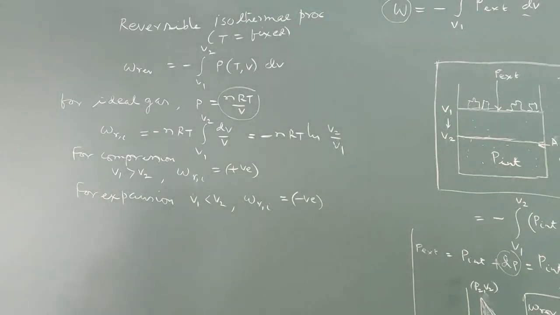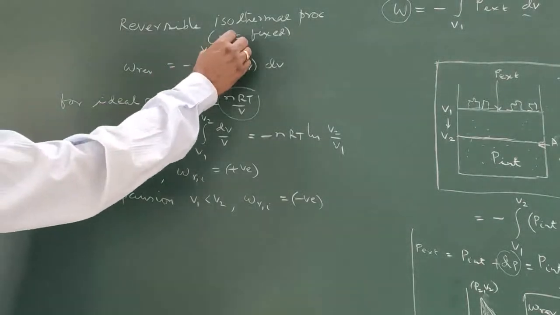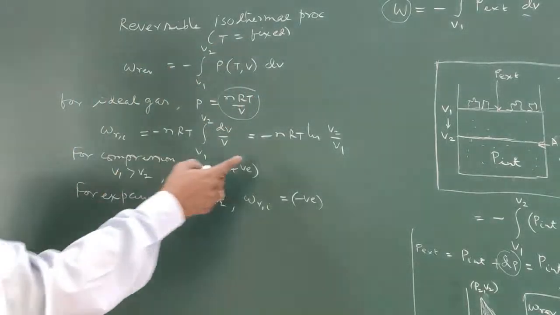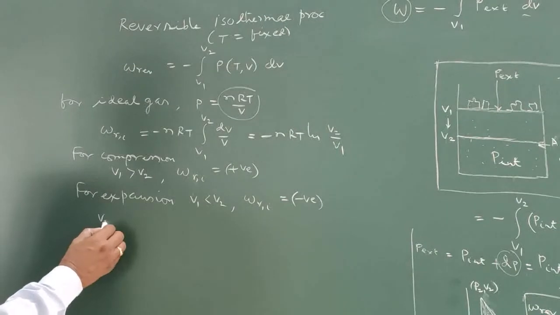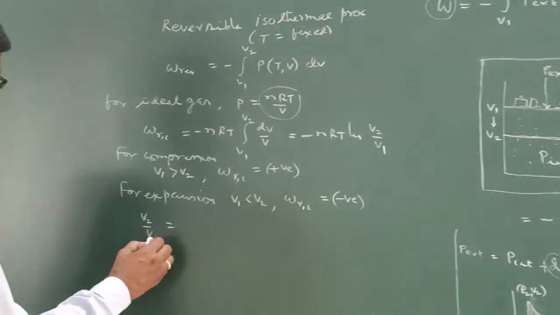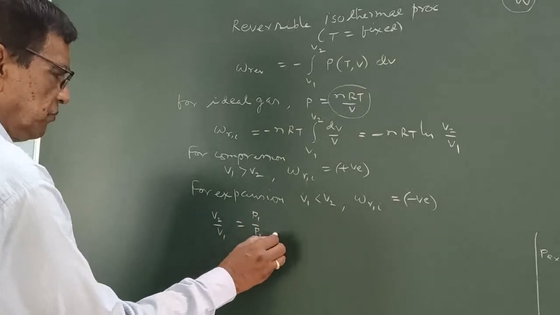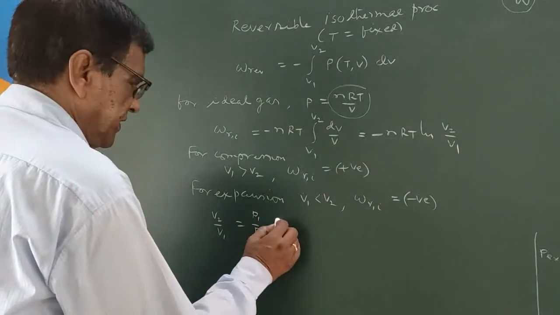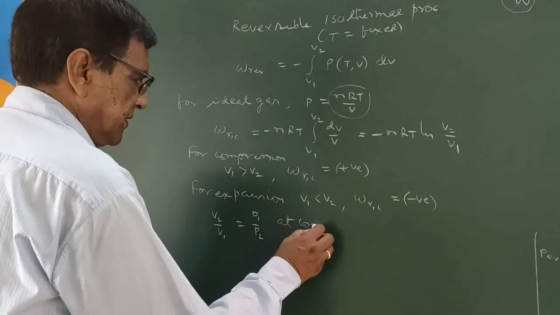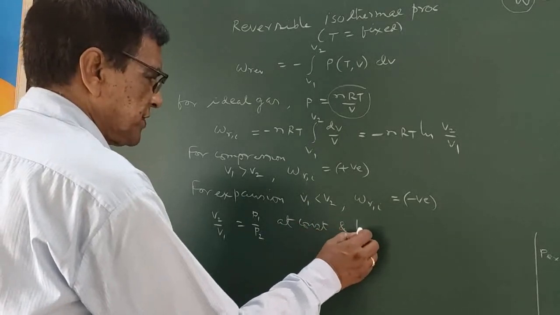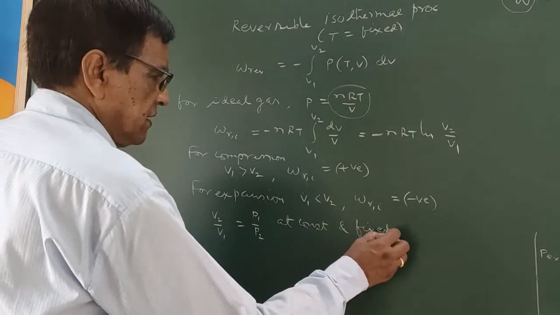And in this isothermal process, V2 by V1 we can write as P1 by P2, which is Boyle's law, at constant T and a fixed amount of gas.